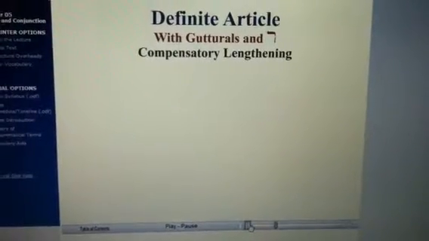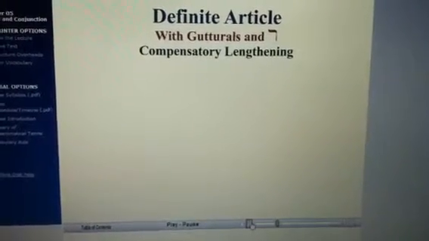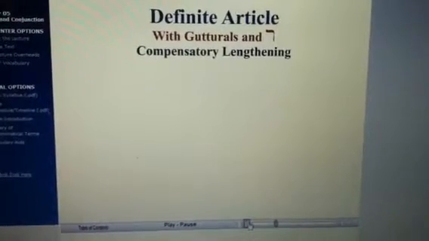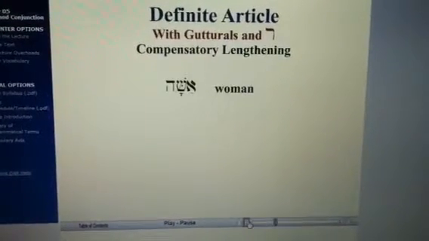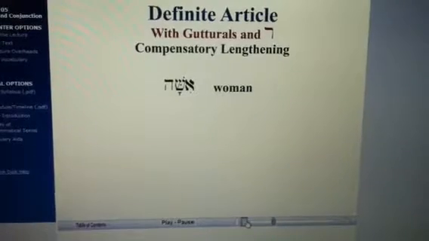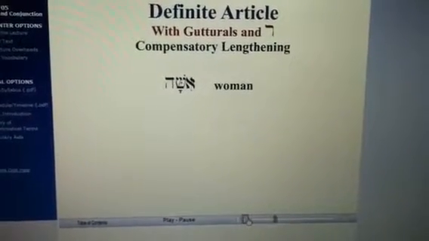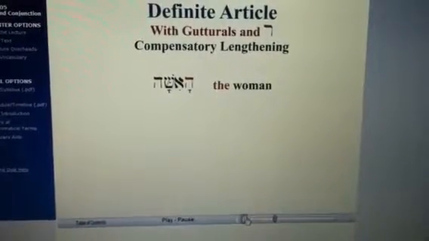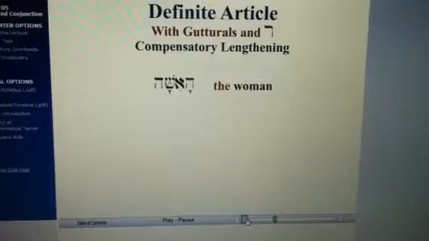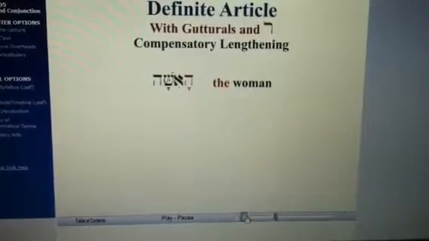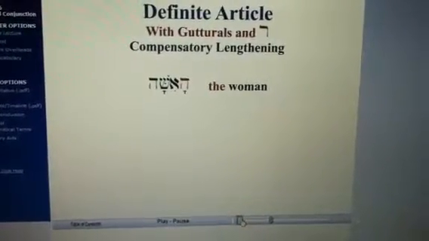Let's illustrate compensatory lengthening with a few more examples. The word for woman is isha, beginning with an aleph. With the definite article, it is pronounced ha-isha, the woman. Note qamets under the hey by compensatory lengthening.